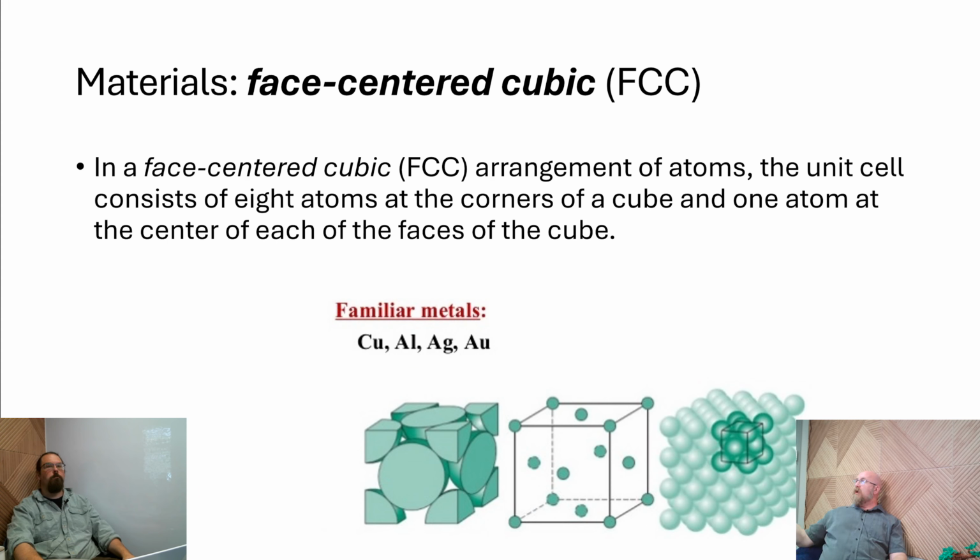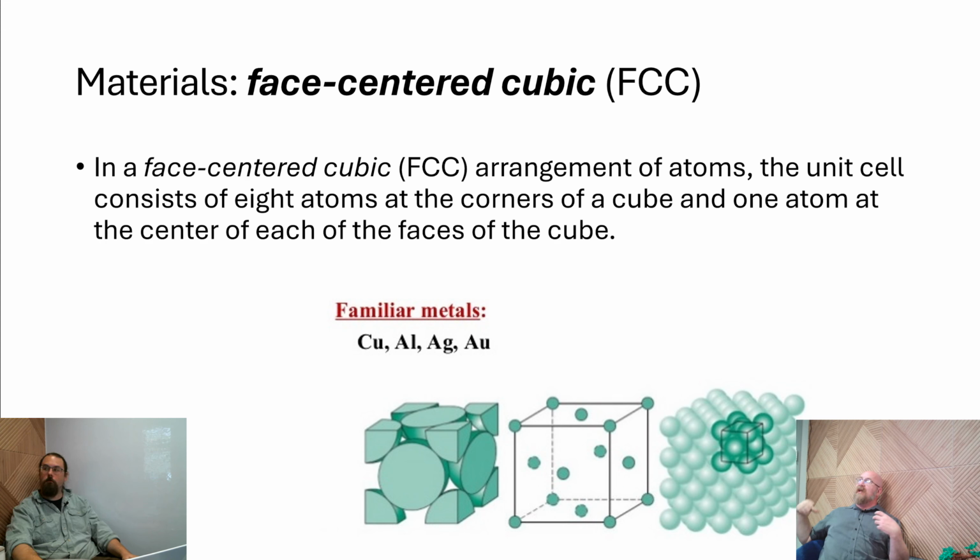Then here we have a face-centered cubic, and so here we have half spheres on 6 sides, and then we have 8 spheres on each of the corners. You'll see that it forms another stack over there that looks a little different when we start repeating that over and over again.